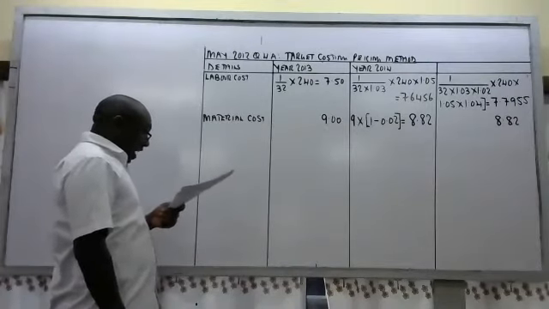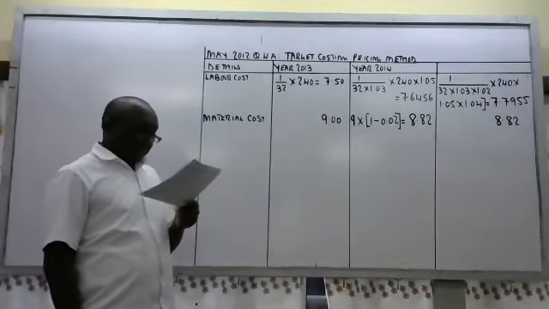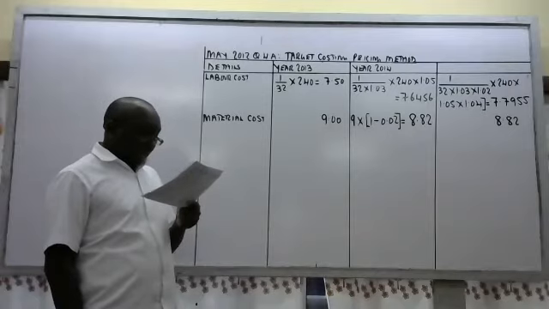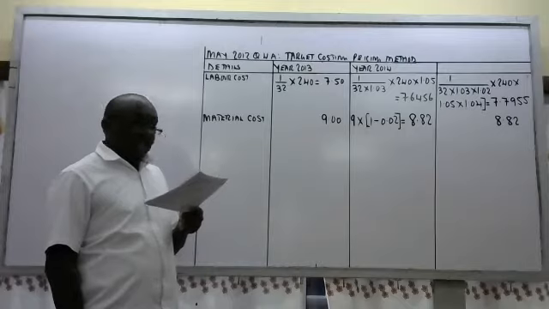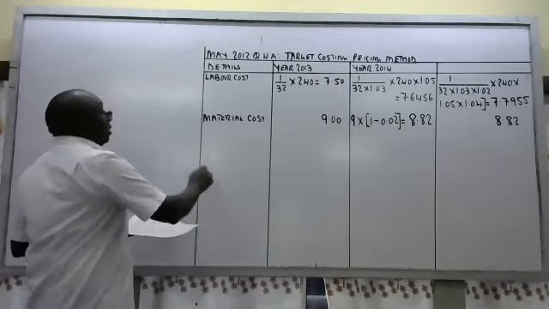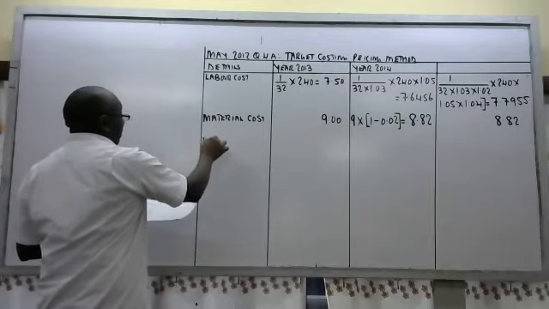Next is that variable overheads are charged to products on a labor hour basis at a rate of $3.20 per hour in the year 2013. Variable overheads are expected to rise by 5% in the year 2014 and a further 4% in the year 2015. So we got to variable overheads.